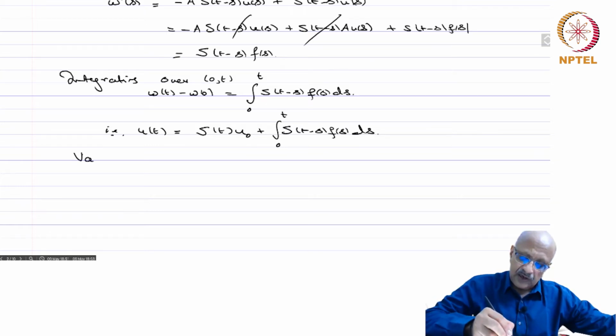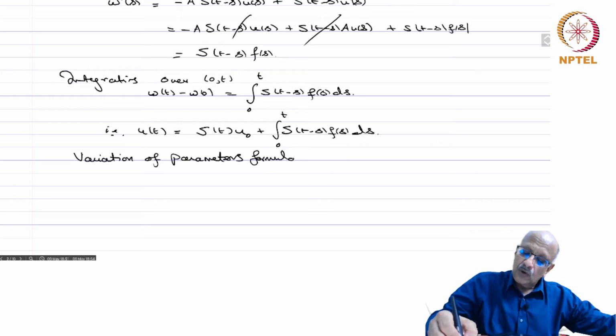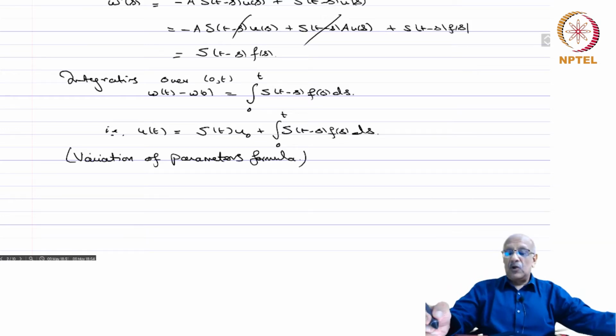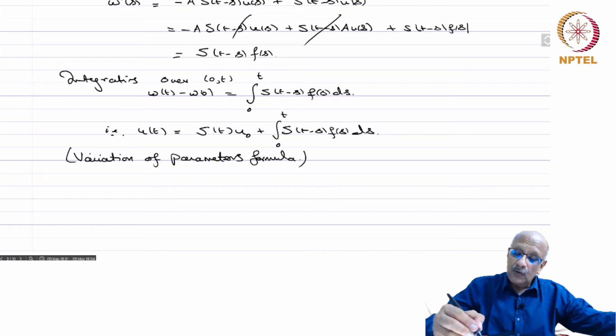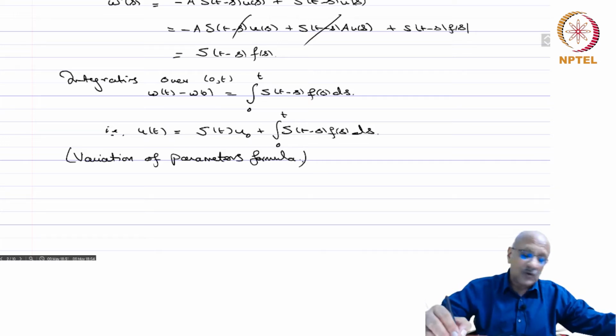This is called the variation of parameters formula, and this is similar to whatever you have done for linear equations in ordinary differential equations.